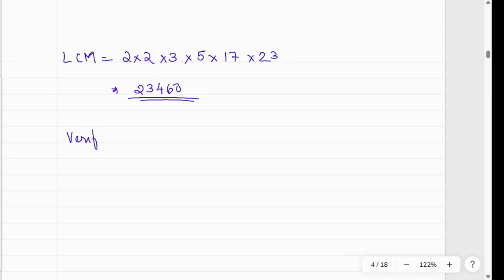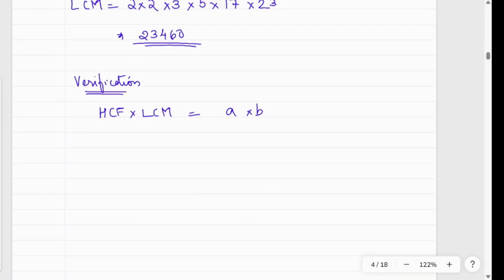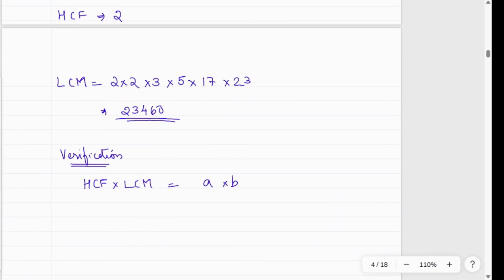How to do the verification? We have to use our equation. What's our equation? HCF into LCM equals the product of the two numbers, A into B. What is the HCF here? 2. 2 into, what's the LCM here? 23,460, which is equal to the two numbers, where A is 510 and B is 92.